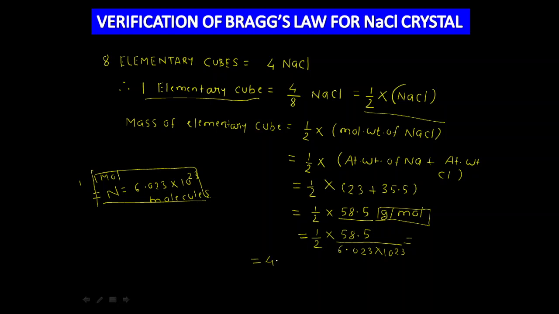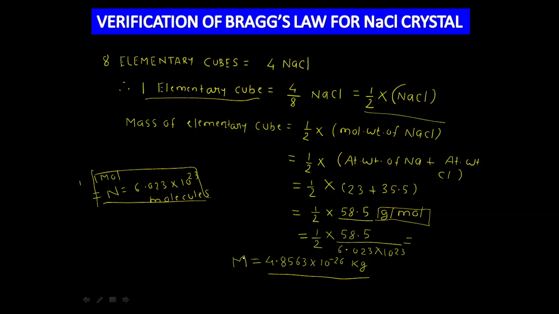The mass of the elementary cube will be 4.8563 into 10 to the power minus 26 kg. So after doing this calculation, the mass of one elementary cube is 4.8563 into 10 to the power minus 26 kg.